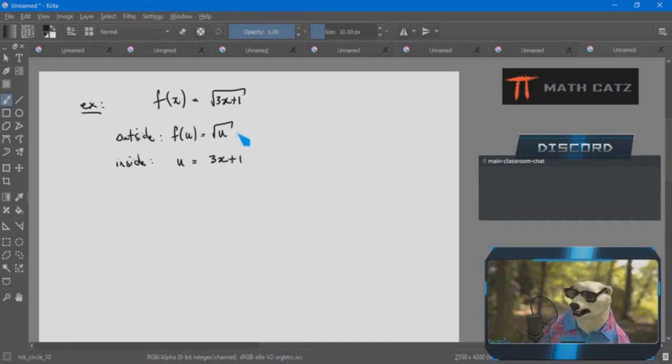Okay. So I specifically want to use my name for my inside function as the variable in the outside function, because then I can very easily see u is the thing inside the square root, u is equivalent to 3x plus 1, therefore I get the given function back. There's no doubt. I can see the composition happening here, I hope.